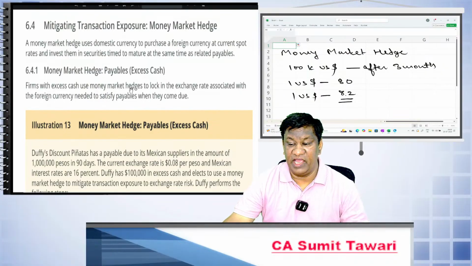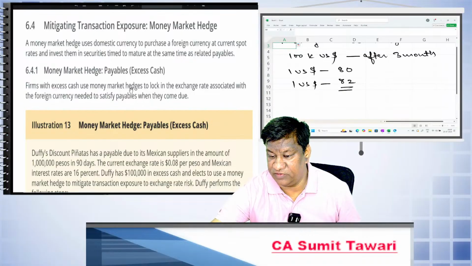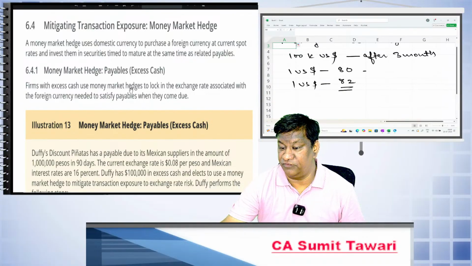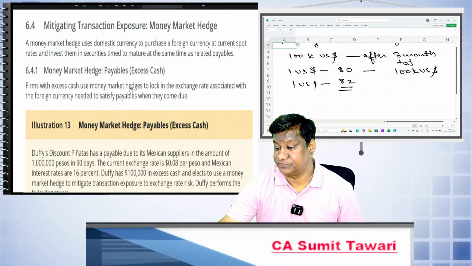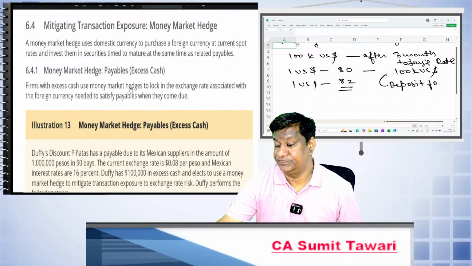Today I have a surplus money. So what I'll do, I will not wait for 3 months. I will convert this 100K US dollar at today's rate, and then deposit for 3 months in a US bank.